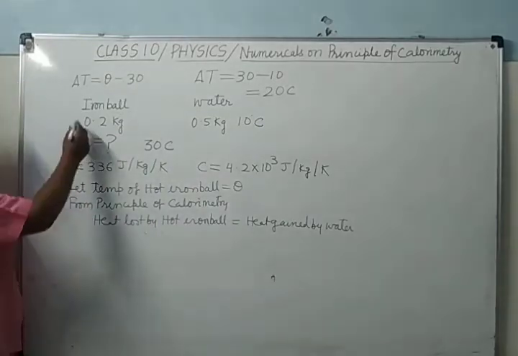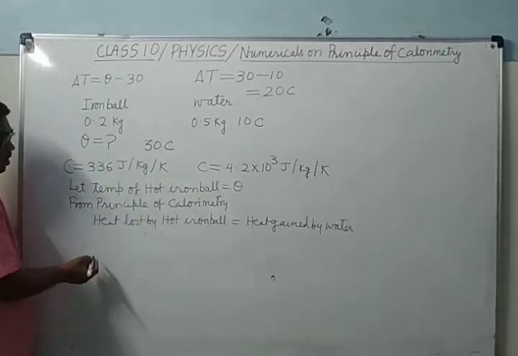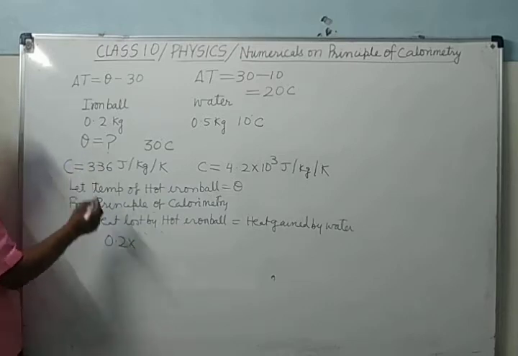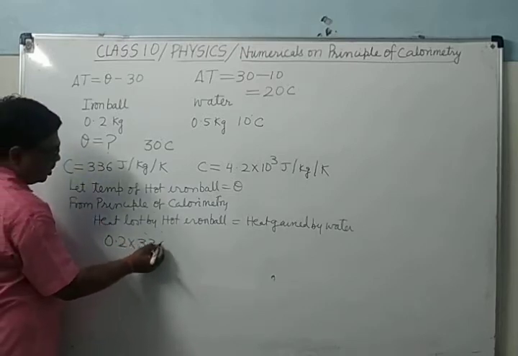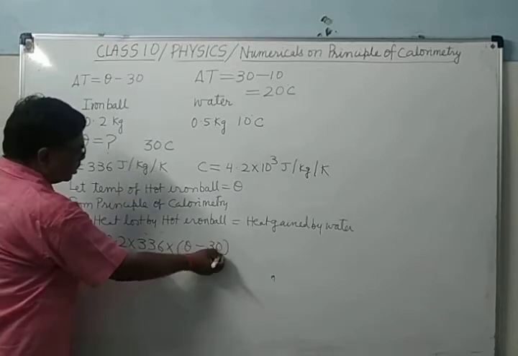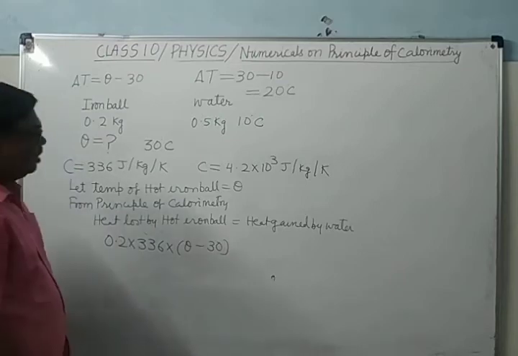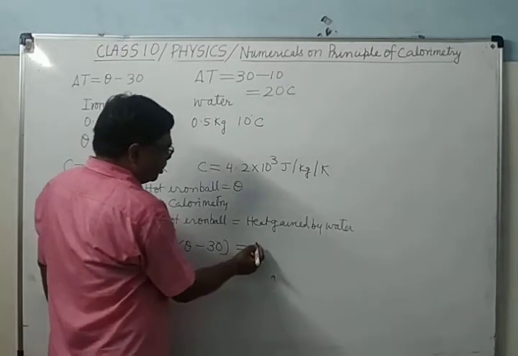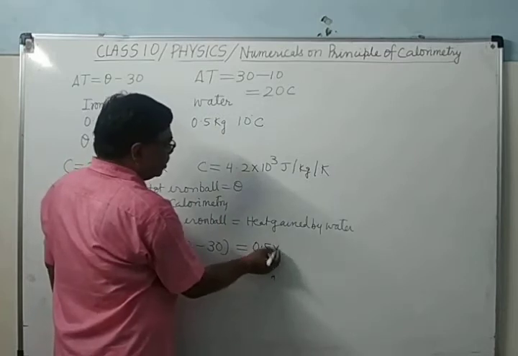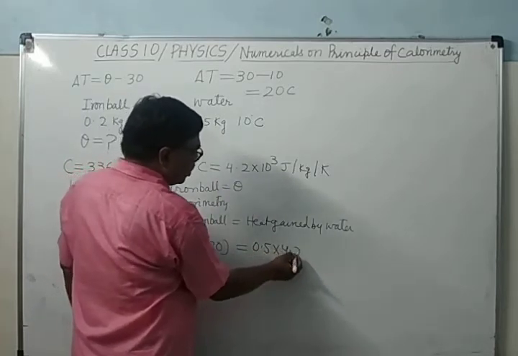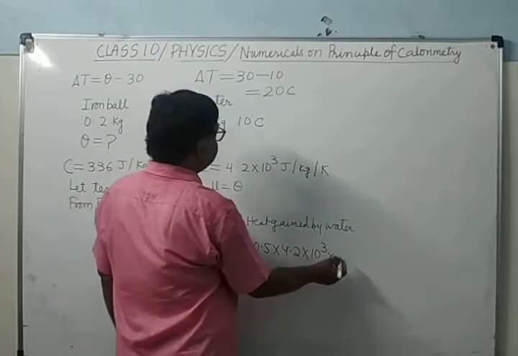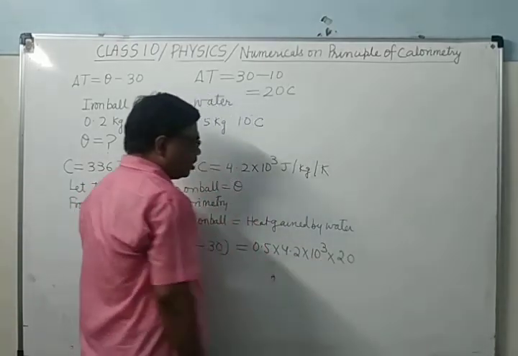Now heat lost by the hot iron ball is M into C into delta T. M is 0.2. C is given as 336. Delta T you already know, theta minus 30. Heat gained by water is M into C into delta T. M is 0.5, C for water is 4.2 into 10 to the power 3, and the change in temperature, delta T, is 20.